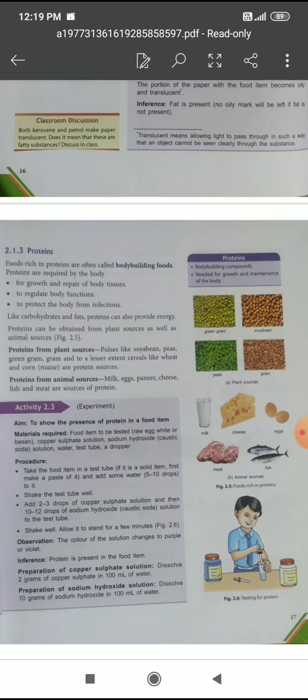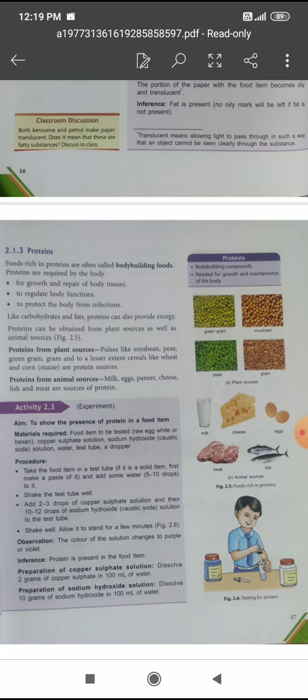Sodium hydroxide, children, is also known as caustic soda. Sodium hydroxide solution, then water, test tube, a dropper. These are the materials we require for this experiment.